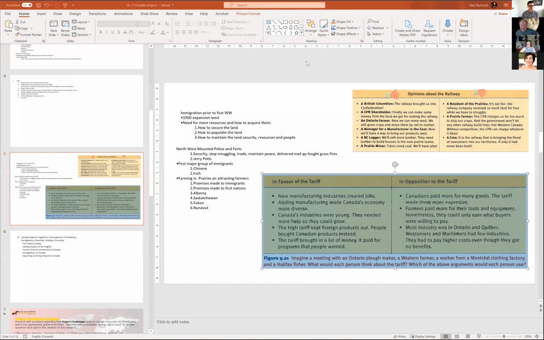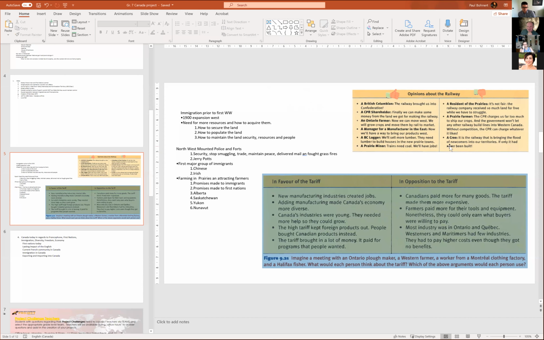It's a little less fancy. Still working on this one because the extension project for 7 doesn't come out until next week. But here's an example of the railway and the idea of tariffs. We are asking them to take on one of these groups of people and become one of those people, whether it's a British Columbian, an Ontario farmer, a prairie miner, those types of things.